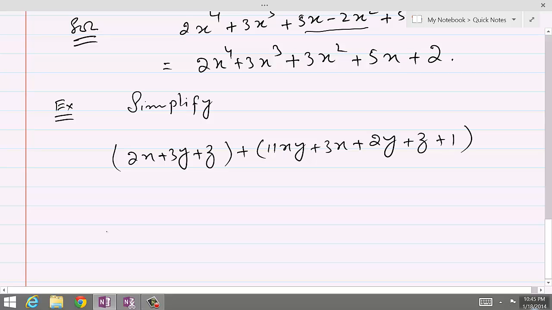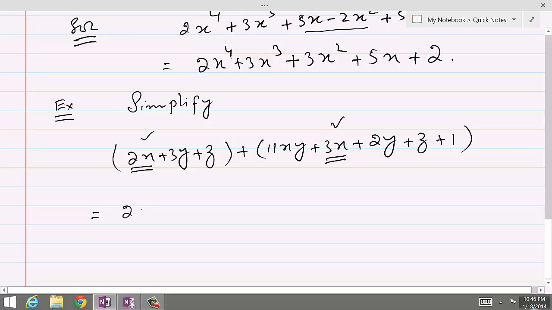And here, starting with the extreme left, 2x. Is there any other term which involves x only? Yes, this is. So this is all about identification of like terms. So here is 2x, there is 3x.